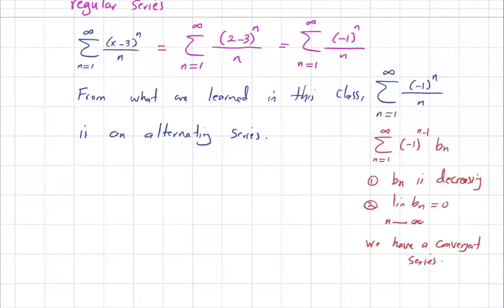So take a look. For this series, bn is equal to 1 over n, and since n is less than n plus 1, or 1 over n is more than 1 over n plus 1, by algebra you see it is decreasing.